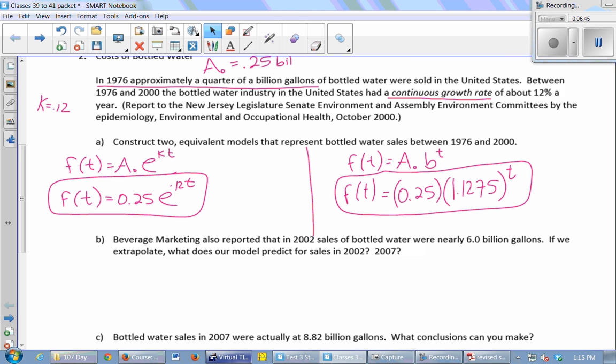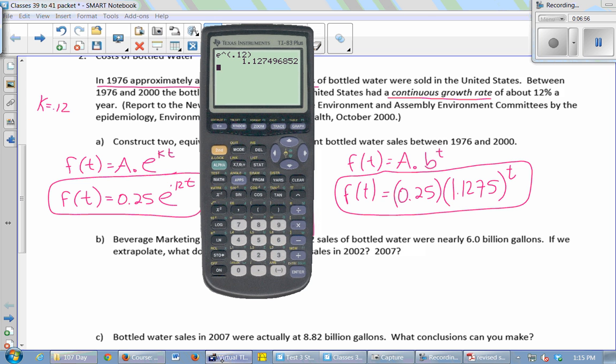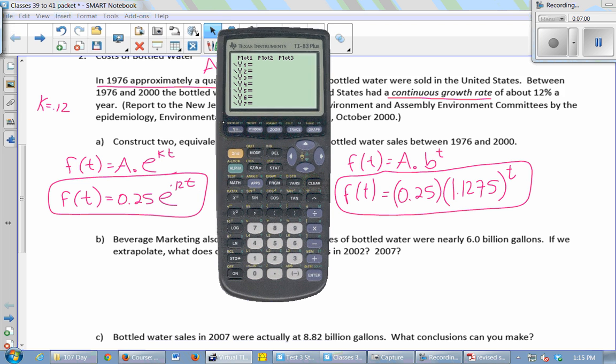So just to convince you that these are equivalent models, I'm going to graph them both and show you that the graphs are identical. So I pull up my graphing calculator, go to y equals, and here's model 1. In y1, I'm going to put 0.25 times e to the 0.12x.